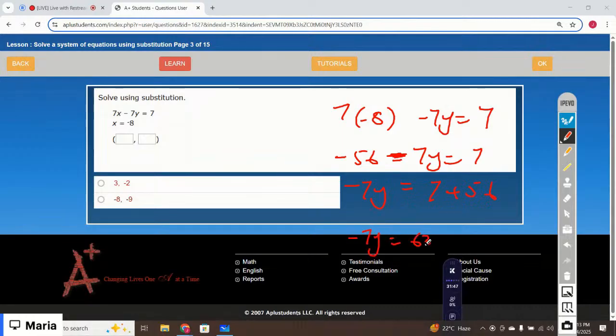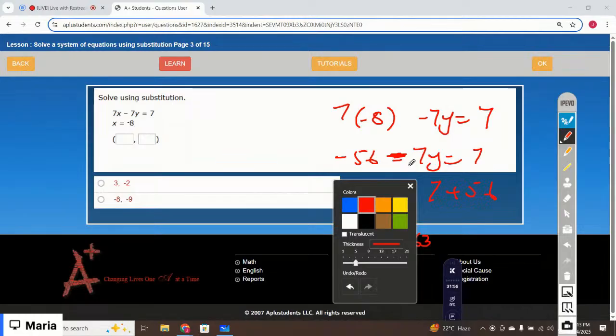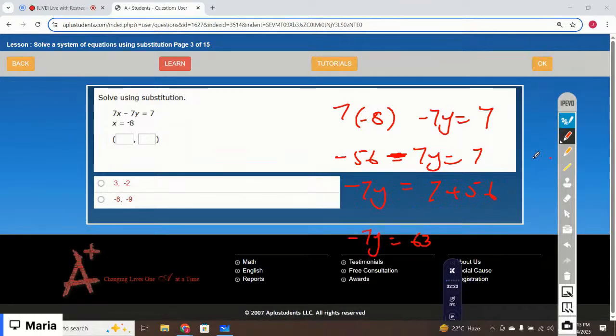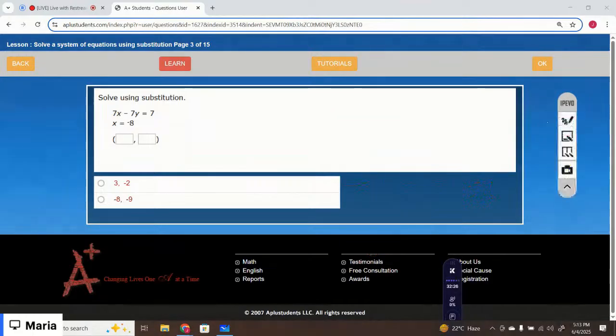Negative 7y equals 63, so y equals negative 9. Option number 2 is the correct option, that is negative 8 and negative 9.